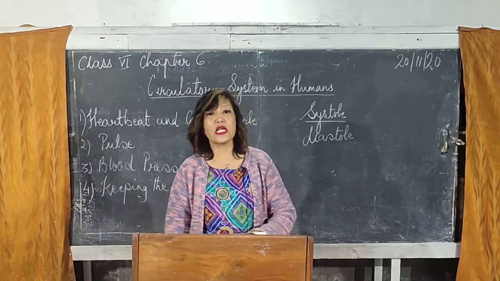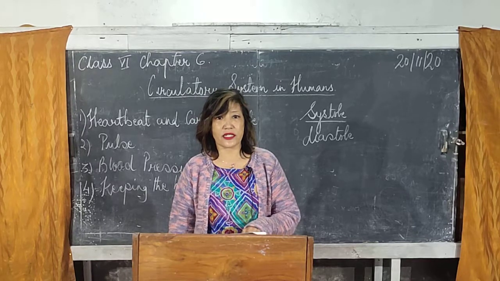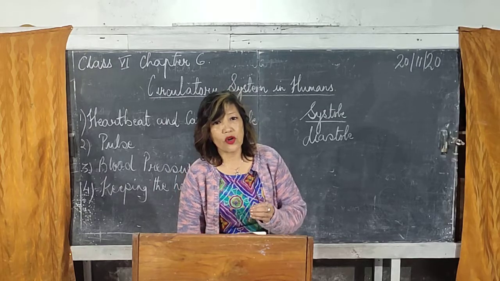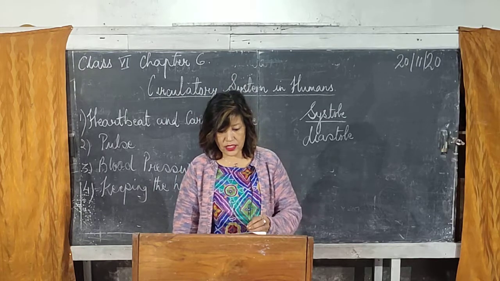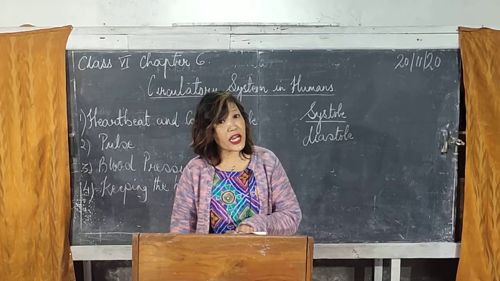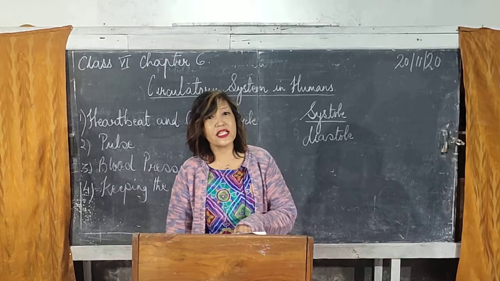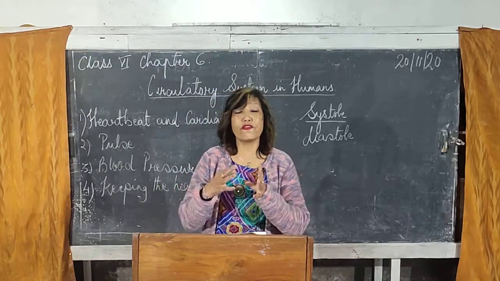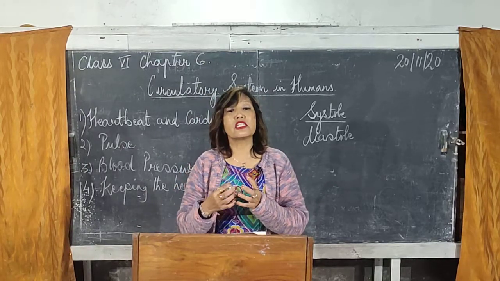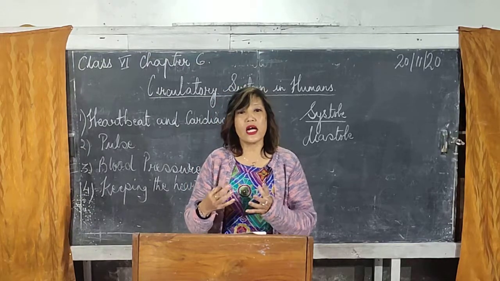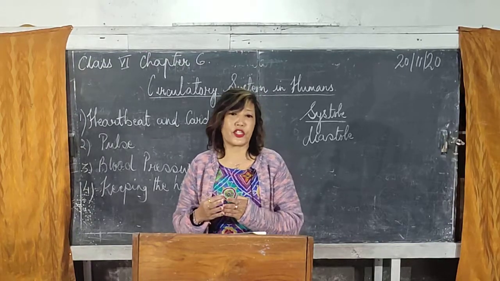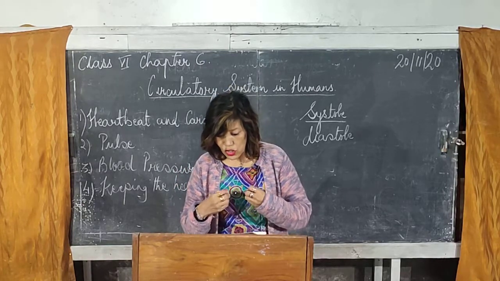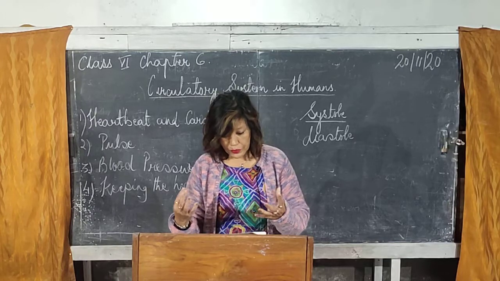Then comes pulse. Now what is pulse? Your pulse is the rate at which your heart beats. It is actually called the heart rate, which is the number of times your heart beats each minute. When the left ventricle contracts, the blood flows into the arteries under high pressure, so the walls of the arteries stretch with this pressure.